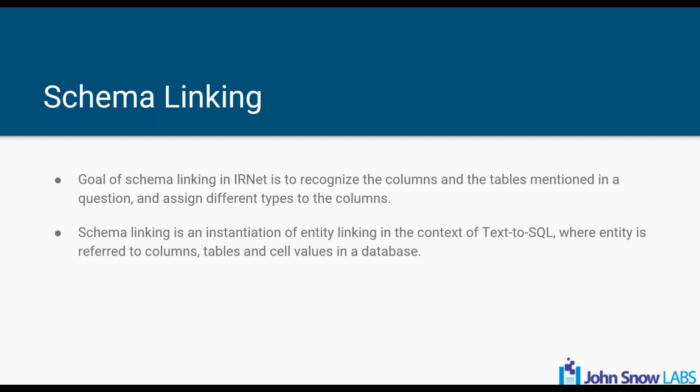To do that, we use ConceptNet, so we can link that to this city column. We can think of this as an instantiation of entity linking in the context of text-to-SQL. Here, the entities are columns, tables and values.